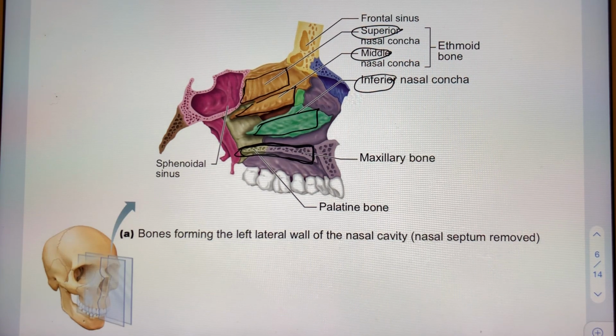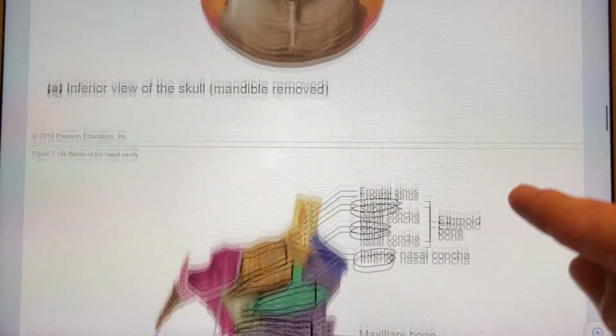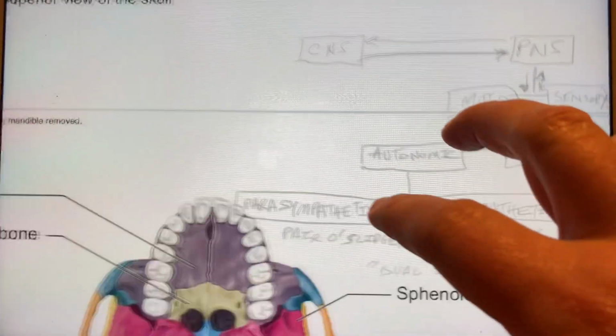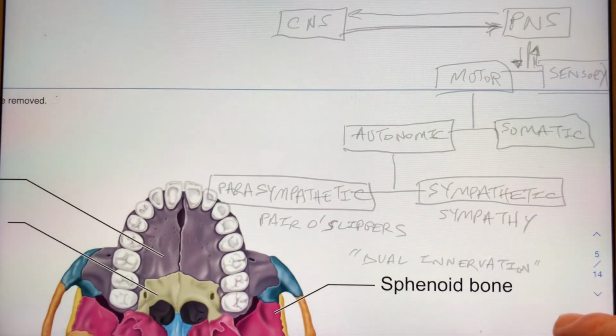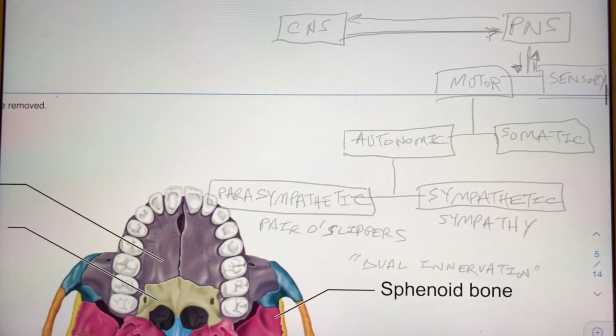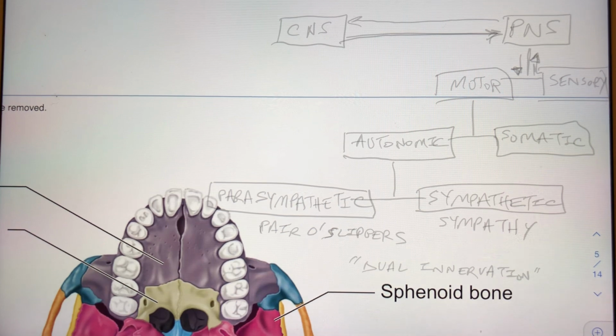Anywho, let's see if I can squeeze in the nervous system hierarchy. I'm going to straddle slides 4 and 5 because there's a little space in there. And I'll make the pencil even finer.